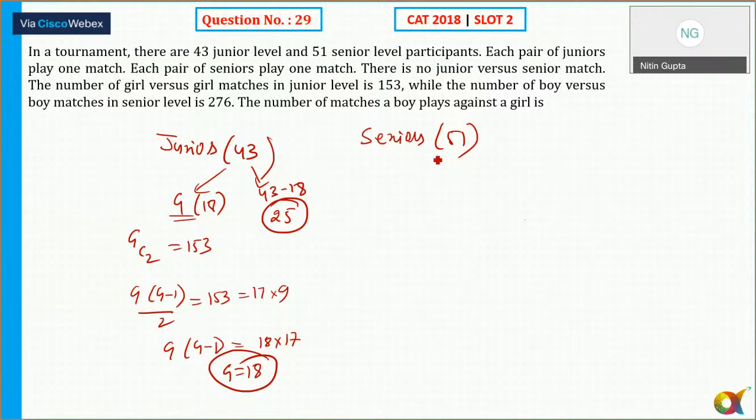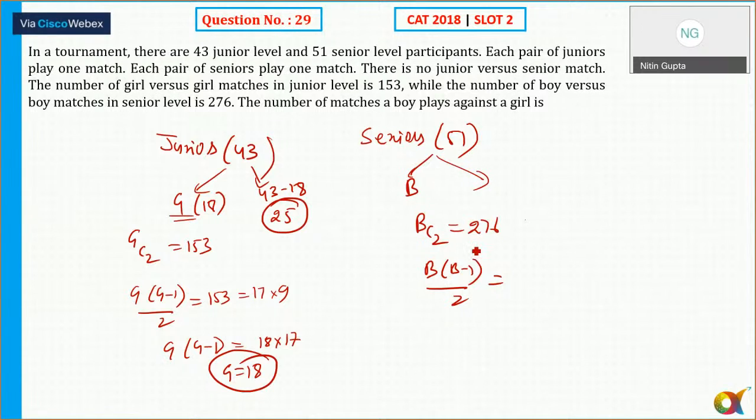Now, seniors, let's see here. The number of boy versus boy matches is 276. So let's say the number of boys is B. So how many matches will be there for boys versus boys? That is BC2, equal to 276. So I can say B into B minus 1 by 2 is equal to 276. If I factorize 276, what does it come out to be?